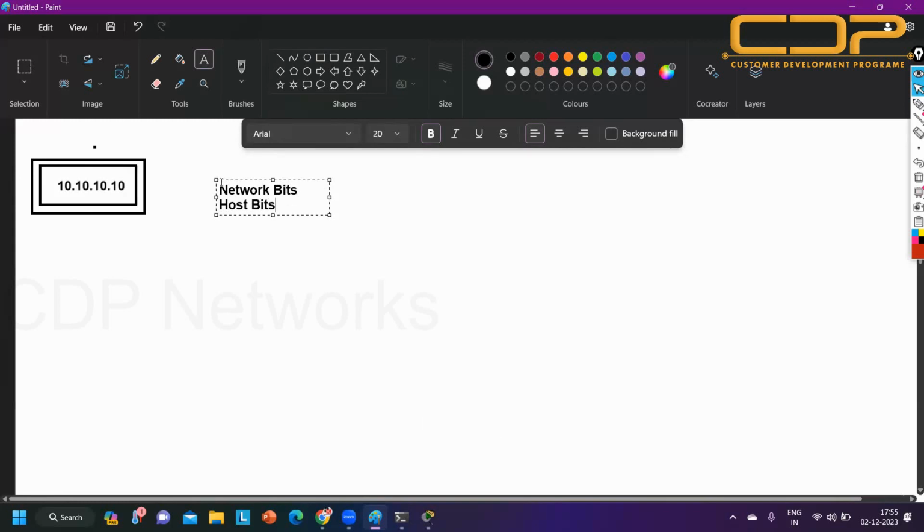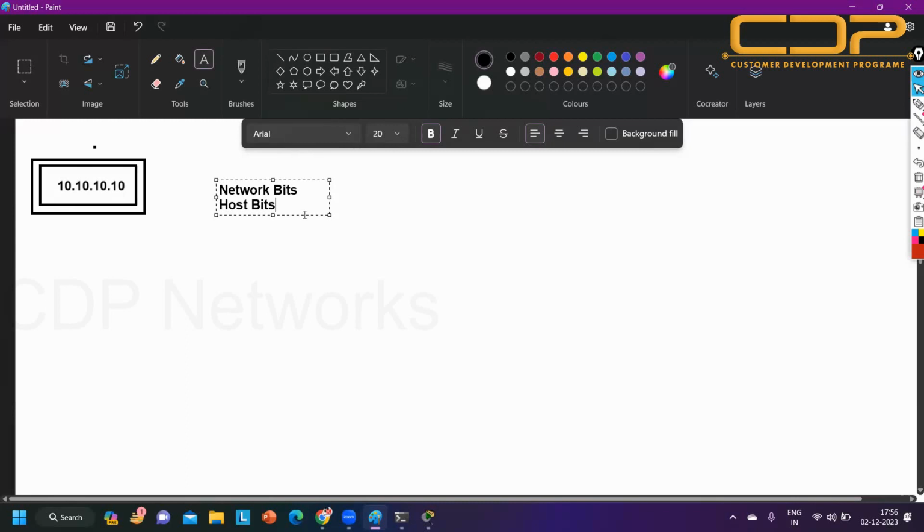Any IP address like 10.10.10.10 has some network bits and some host bits. Now, who is going to identify how many network bits and how many host bits there are? If someone is wondering why we have network bits and host bits in one IP address, why not all network bits or all host bits, you will understand this soon.